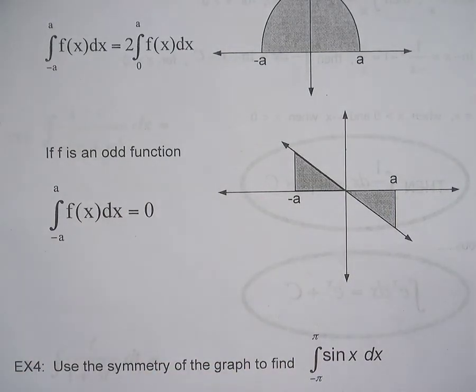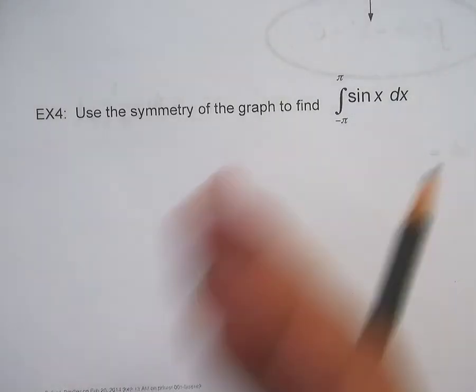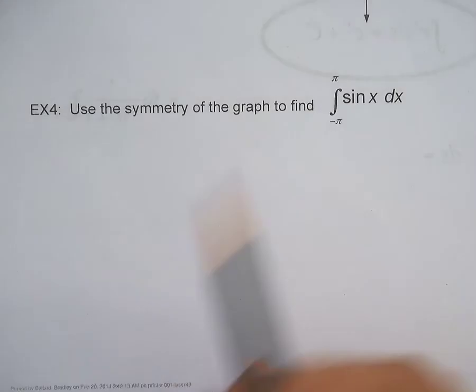Now you may ask, why would we need to use this? It helps with something like the sine wave. Use symmetry to find the integral from -pi to pi of sine x.